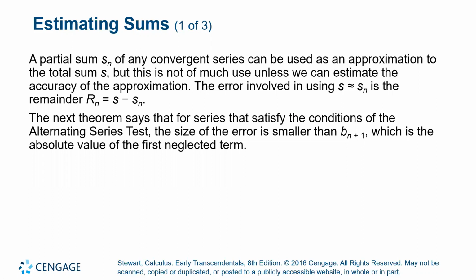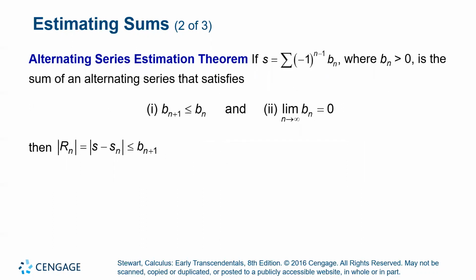So what's our theorem for estimation? If S is the true sum of an alternating series that you know is decreasing, which is condition 1, and the limit is 0, so that you know that it converges, then the absolute value of the remainder, which is the absolute value of the difference of S and Sn, is less than or equal to B sub n plus 1.